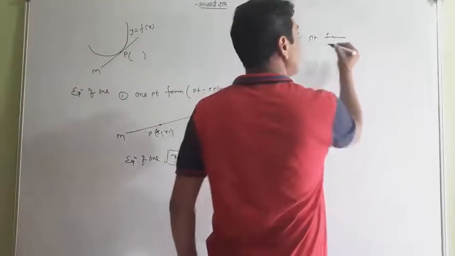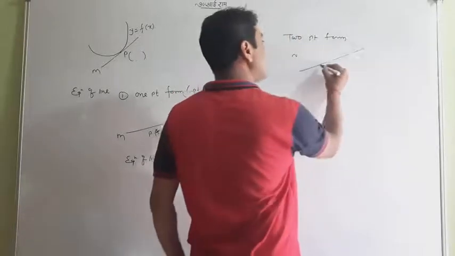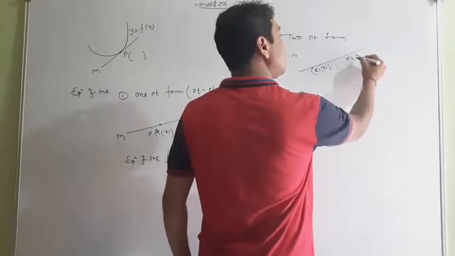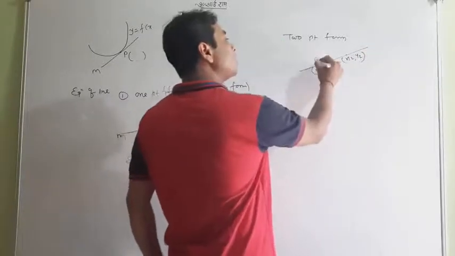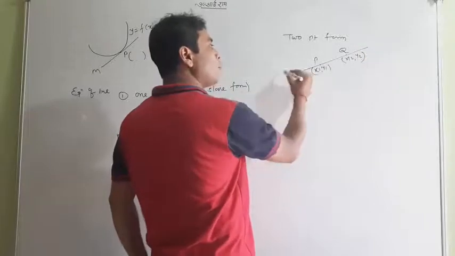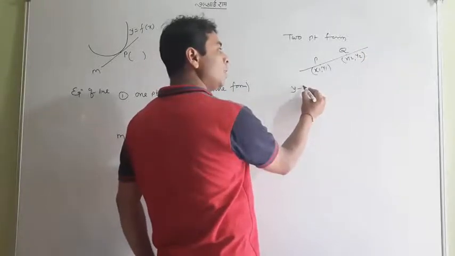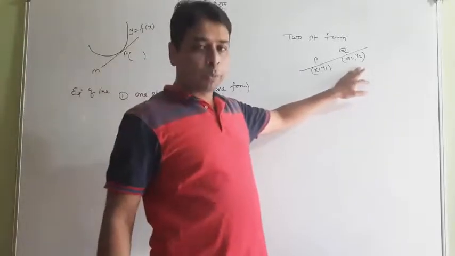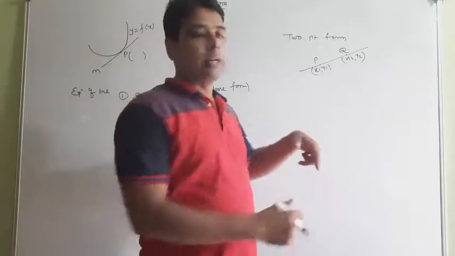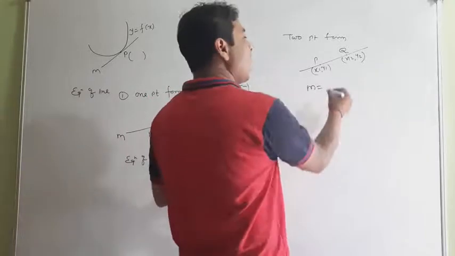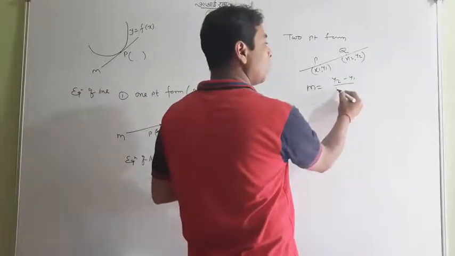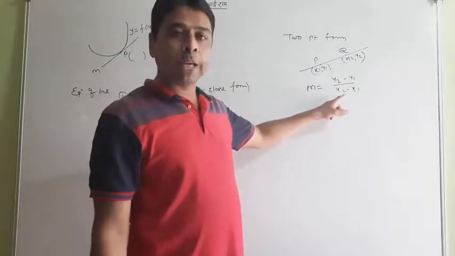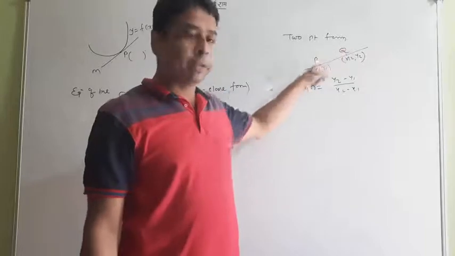The 2-point form is used when the line passes through 2 points (x1, y1) and (x2, y2). When 2 points are given, how can we find the equation of line PQ? It's very easy. When a line passes through 2 points, m will be (y2 minus y1) upon (x2 minus x1). That is the slope of the line.